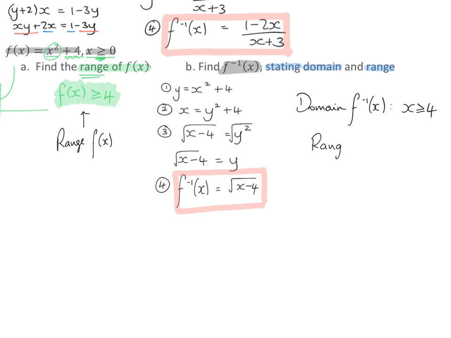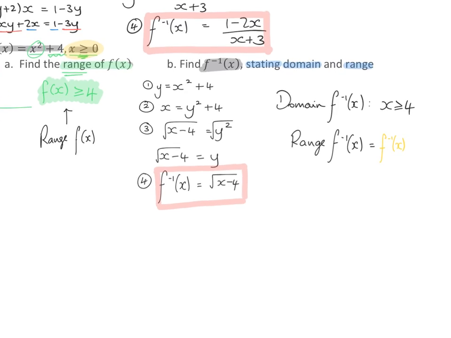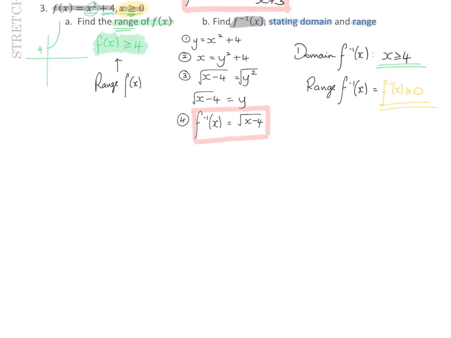And our range for f minus 1 of x is this component up here, because the domain of the original function becomes the range of the inverse. So that is the range, and this is the domain. So we are always swapping those over.